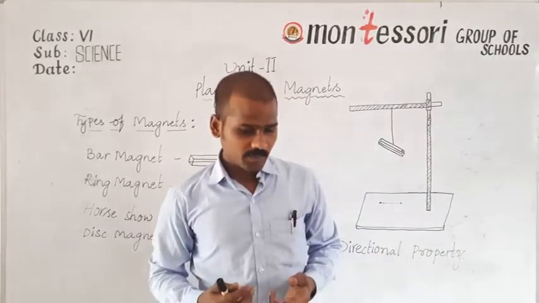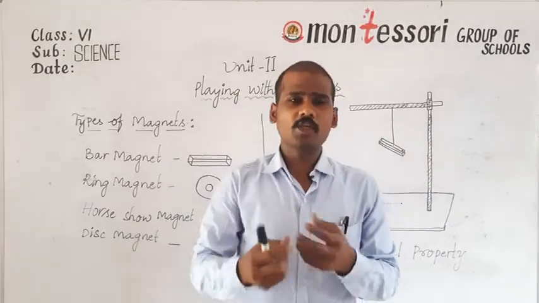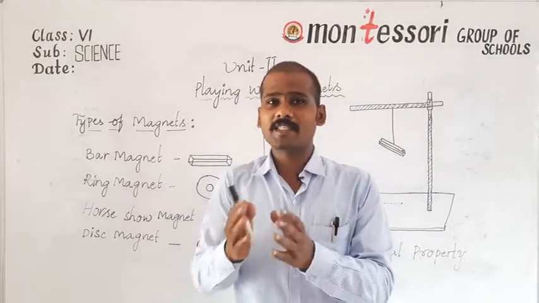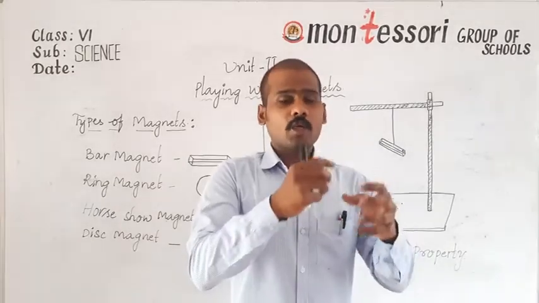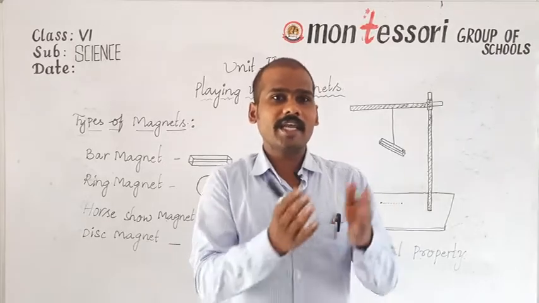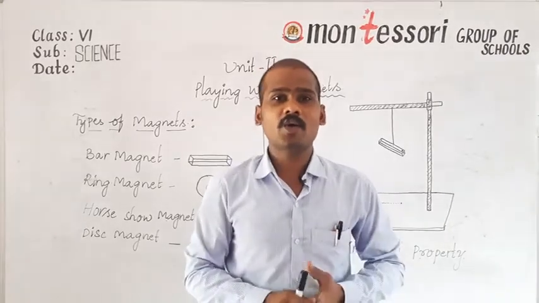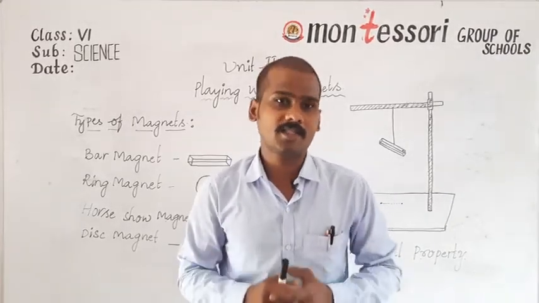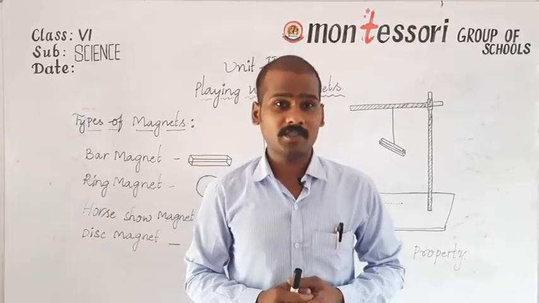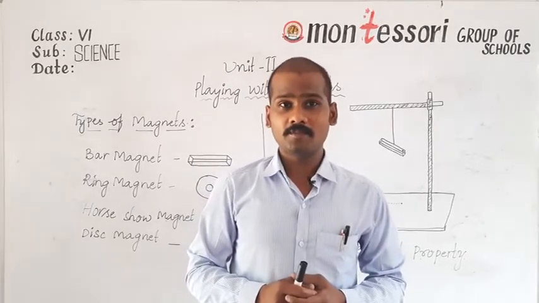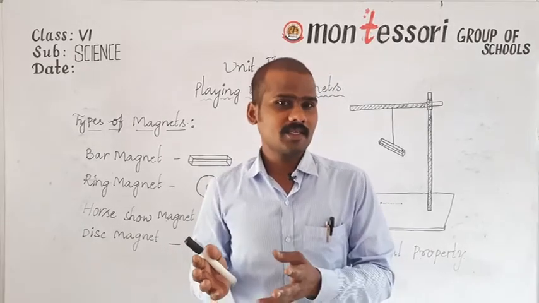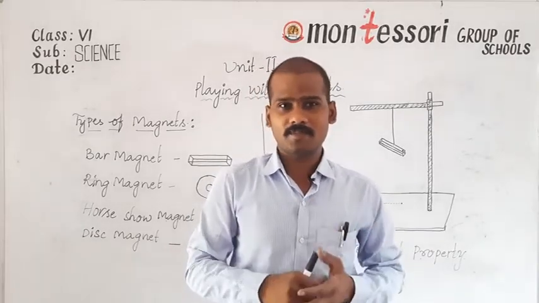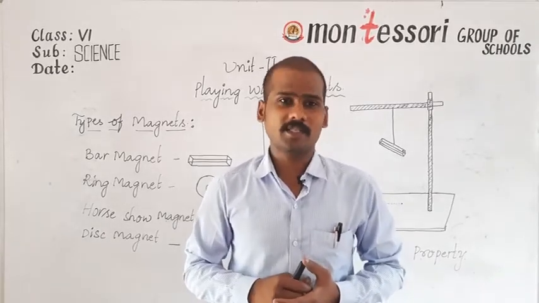So now actually we know that the magnet will attract certain types of materials. Okay, so whatever materials get attracted by the magnet are called magnetic materials. For example, iron, nickel, cobalt, etc. These are the materials that get attracted to the magnet, and they are called magnetic materials.